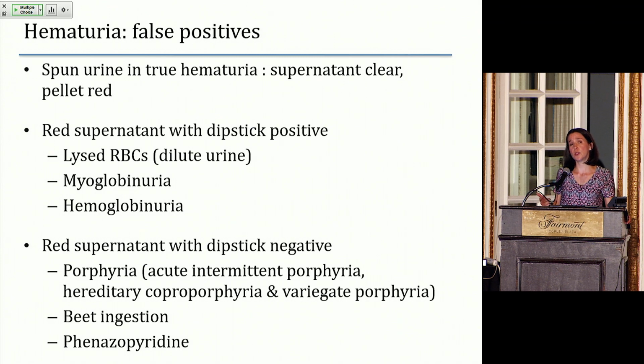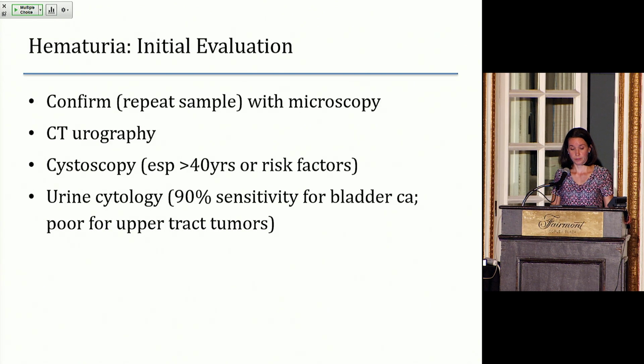If the urine is red colored but the dipstick is negative, that's something other than blood in the urine, and that can be seen in porphyria, AIP, hereditary coproporphyria, and variegate porphyria. You'll see it with beet ingestion or with phenazopyridine. It's one of those trick questions that comes up every now and then.